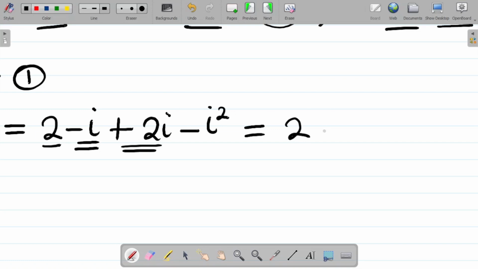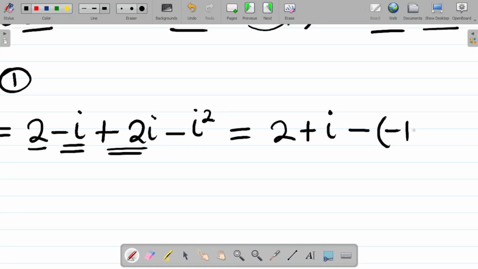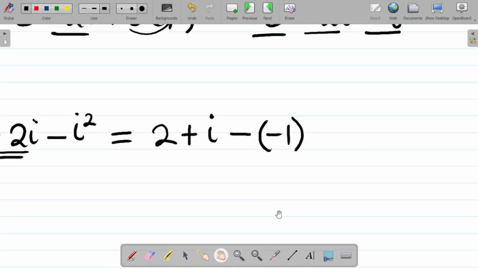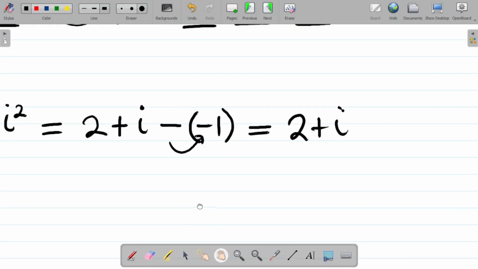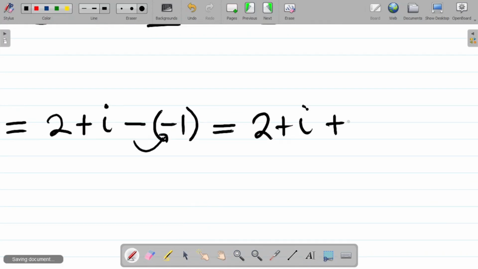Plus 1 times i gives you plus i. So it becomes 2 plus i, and the i squared term is minus 1. And that's equal to 2 plus i minus minus 1, which gives you plus 1. So I'm having this as plus 1.